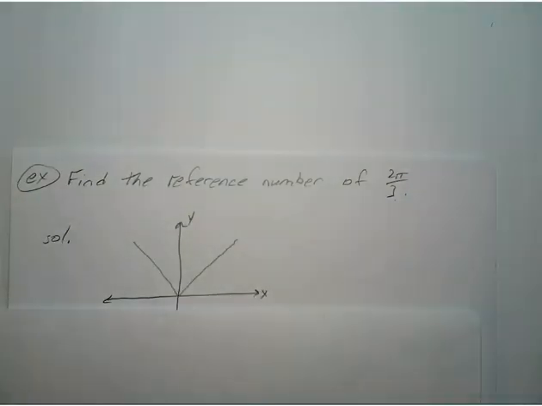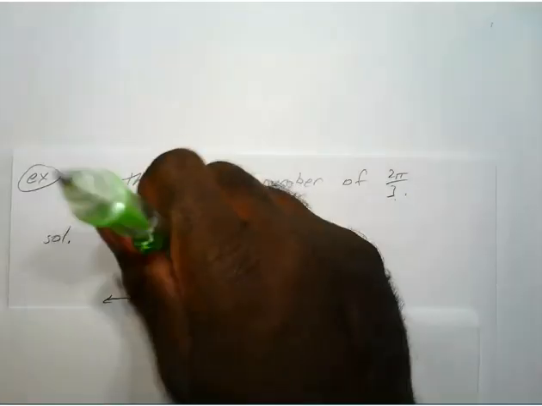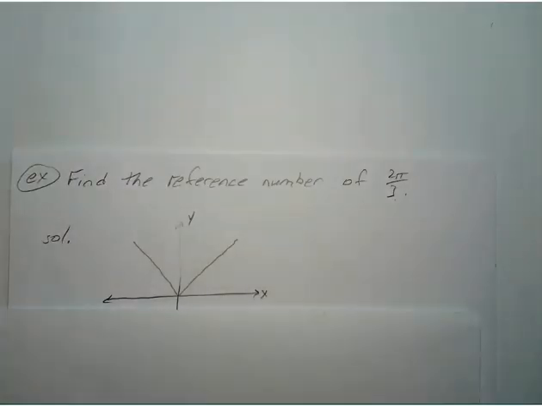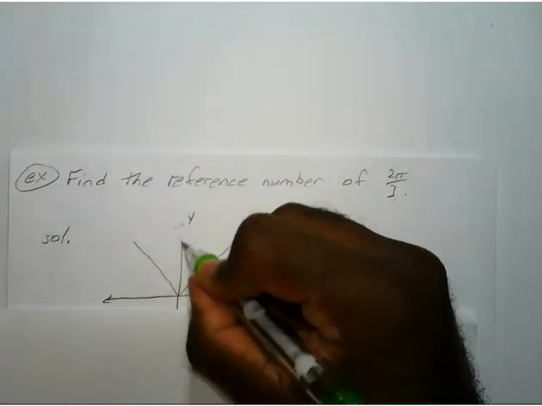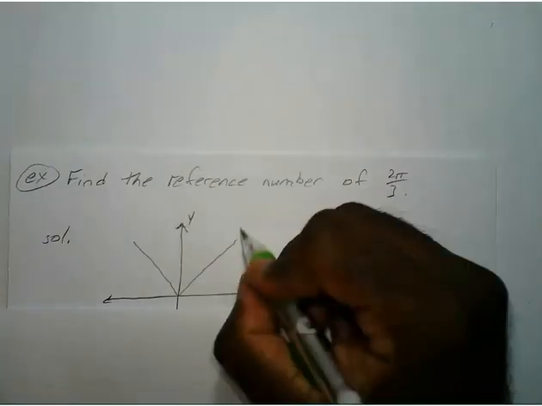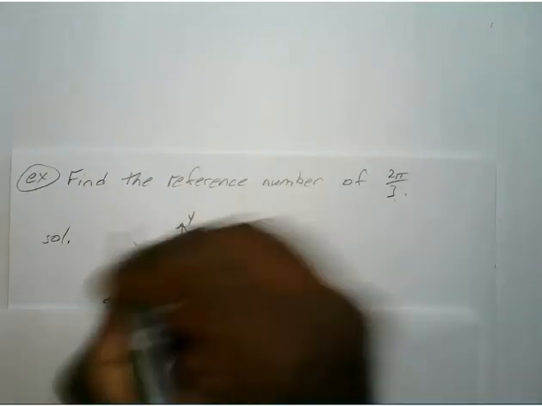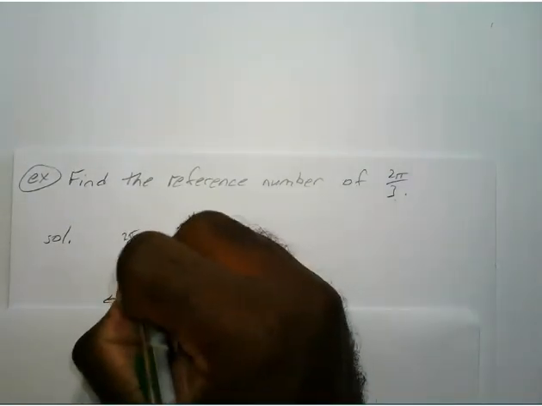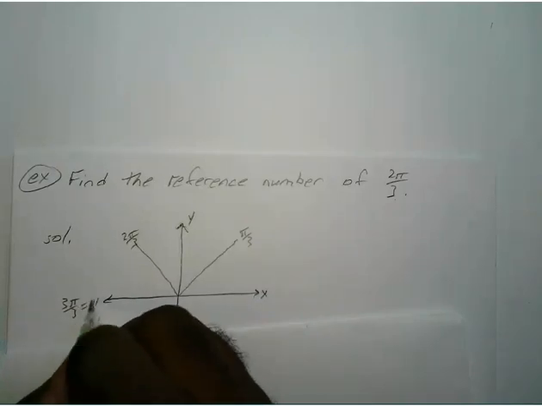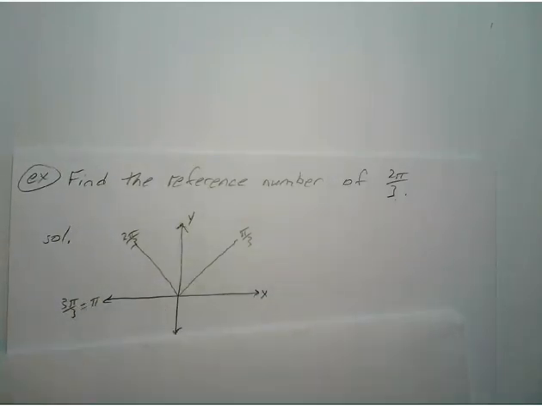Okay, so you're kind of ignoring this a little bit. I'm going to redraw that, but we're ignoring it just to show you that it's 1, 2, 3 even portions up top. Just because this is here doesn't mean it's in our calculations. Okay, so we have 1 pi over 3, 2 pi over 3, and 3 pi over 3, which is just pi. So this will always be pi.